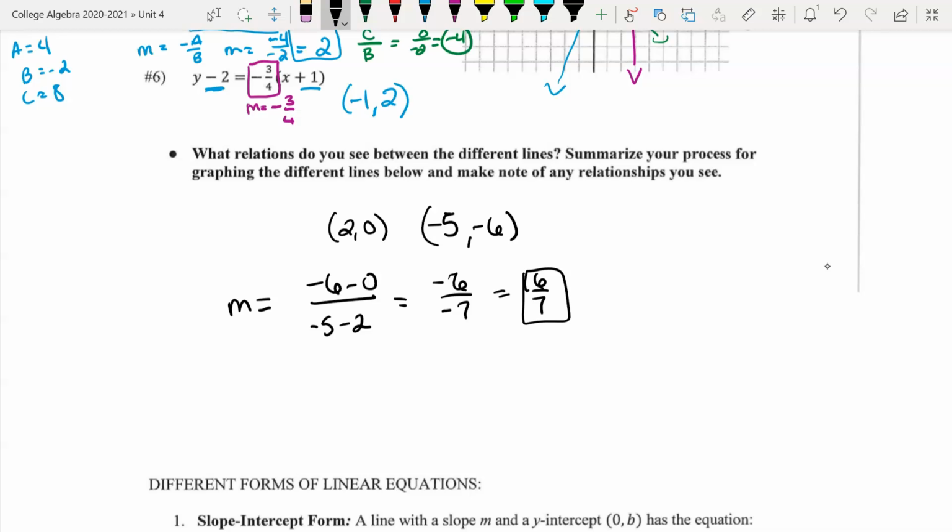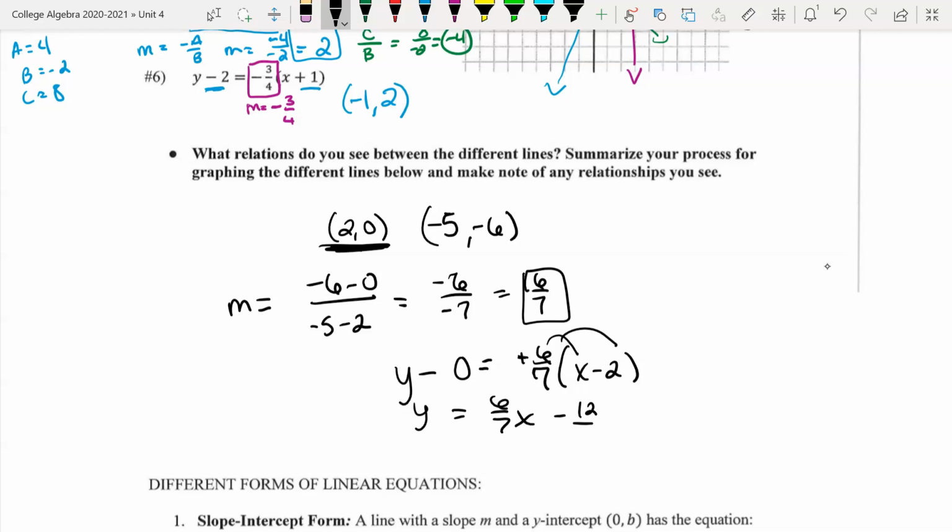I found my slope, and then I used point-slope form. It does not matter which point you use. I used this one. And now I would distribute and solve it. So y equals, this would be 6/7 x minus 12/7. That's just an example, because I know that shows up on the exams.